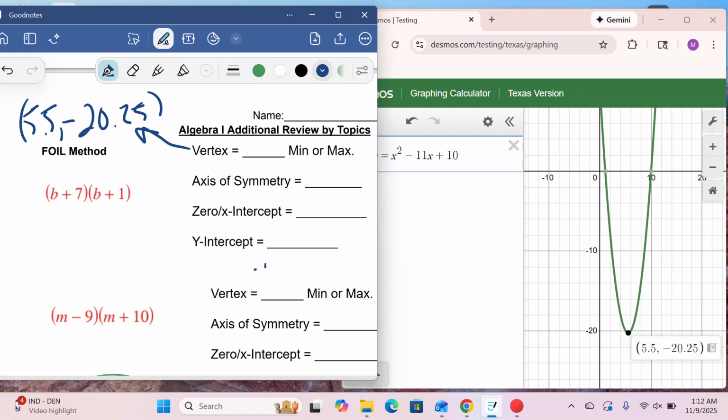Once again, decimals also convert our fractions into decimals, so that's a way you can check whether those are correct or not. Is this a minimum or a maximum? Of course, it is a minimum. Is it a U-shape? Of course it is.